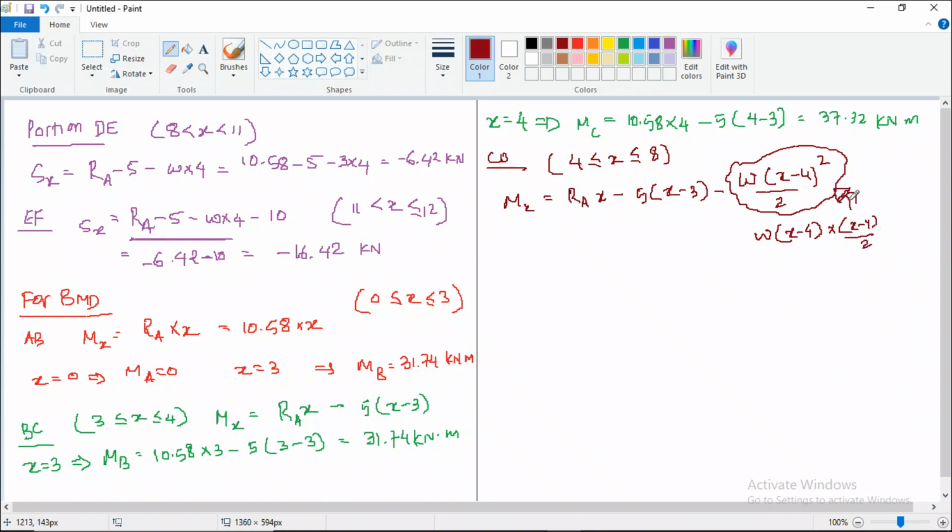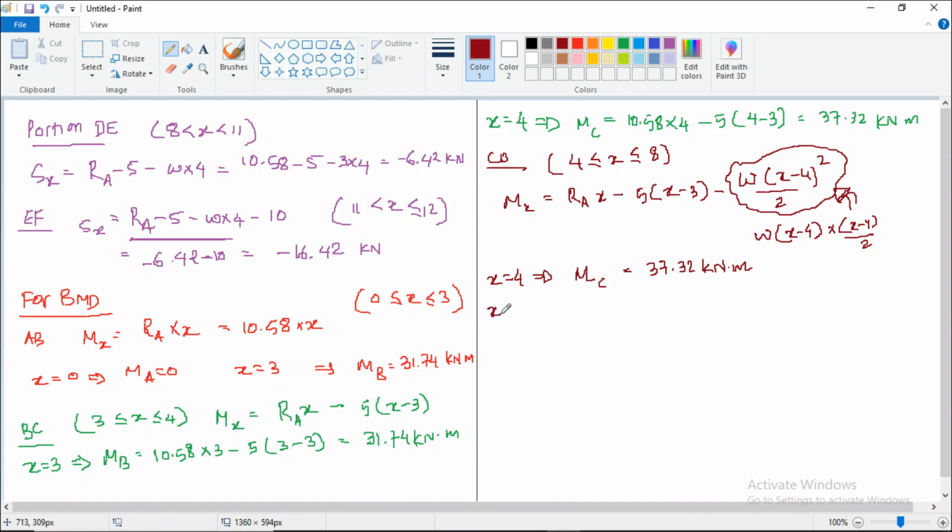Now let us put the different values of x in this. At x equal to 4, you will get the moment value at point C. If you put x equal to 4 in the above equation and solve it, you will get the value as 37.32 kilonewton meter.